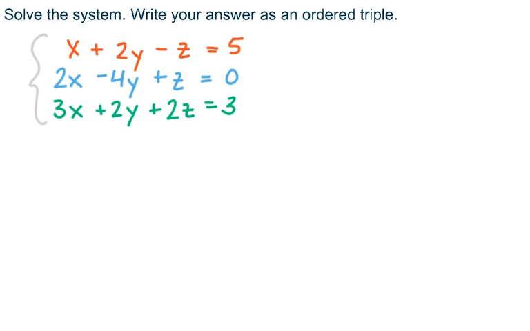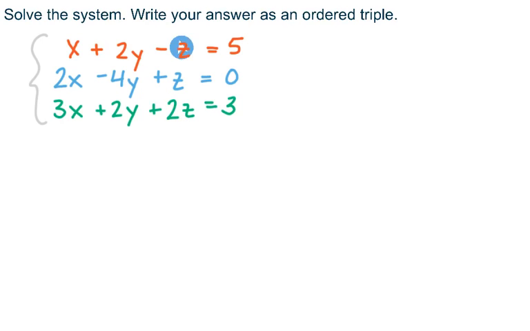Now I can pick and choose the two equations I want to use. They're all interchangeable, but I'll have to use two different equations twice. We have three options for variables to eliminate. We can eliminate x, we can eliminate y, or we could eliminate z.